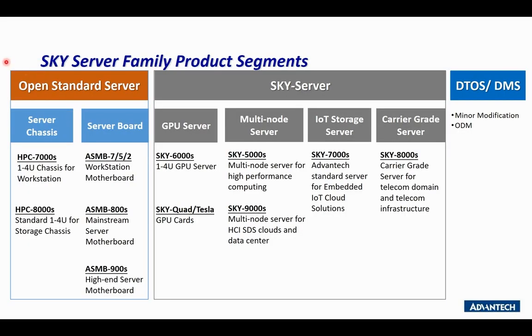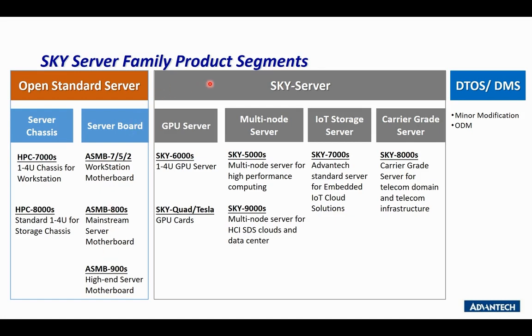Generally, we have two types of server. First is the open standard server. Second is the SKY Server. Open standard server means the customer can choose their chassis, which is the HPC chassis, together with the server motherboard. The server motherboard also has its own models, 7, 8 and 9, depending on usage.